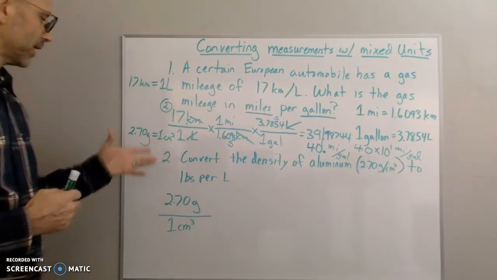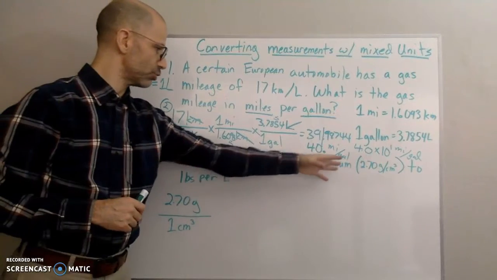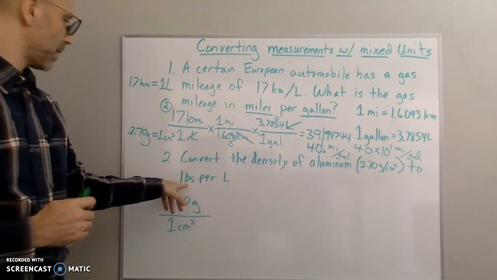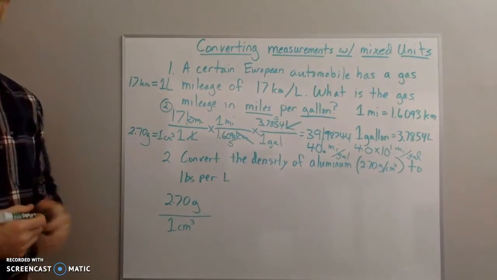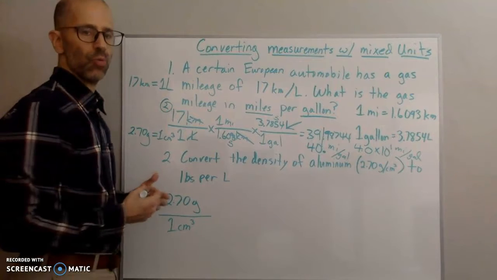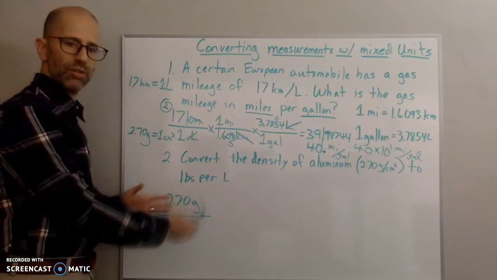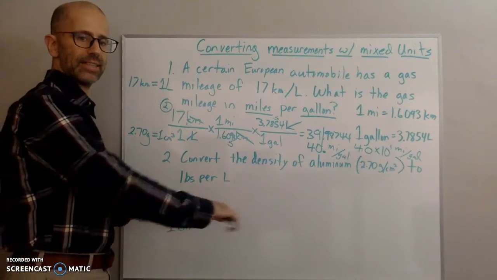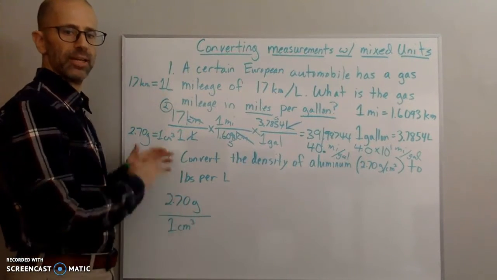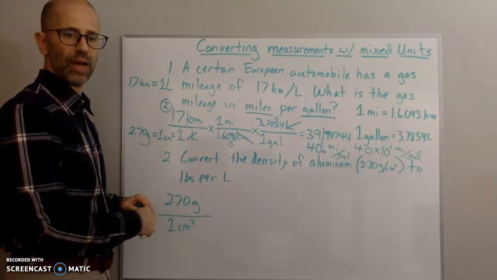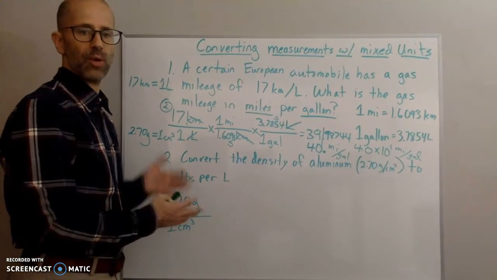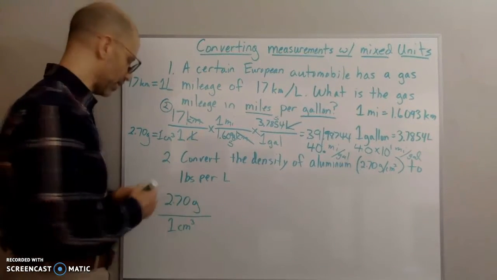So now I need to convert until I get to pounds and liters. And again, it doesn't matter what conversions I use as long as I'm setting them up properly, making sure everything cancels out, and I end up with the units I want on the top and the bottom.